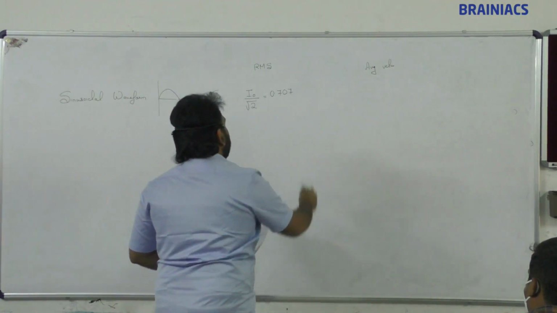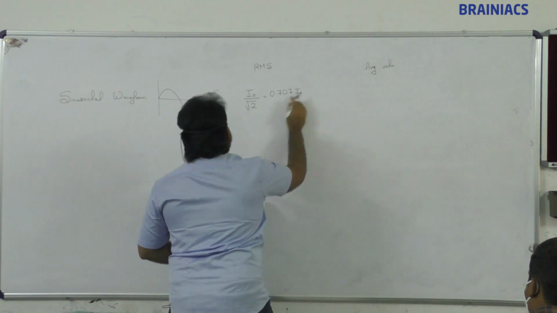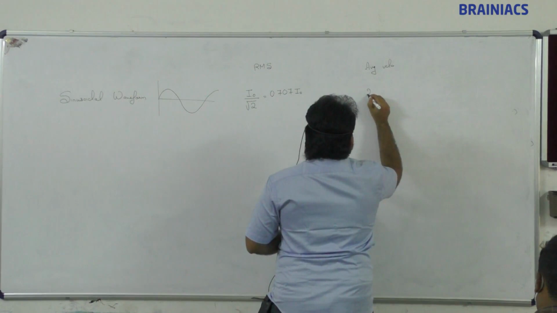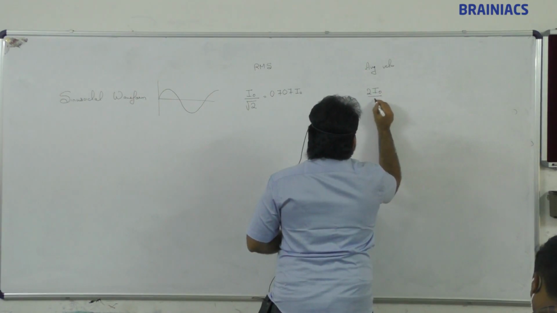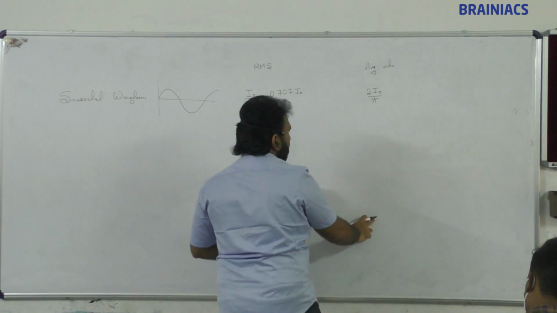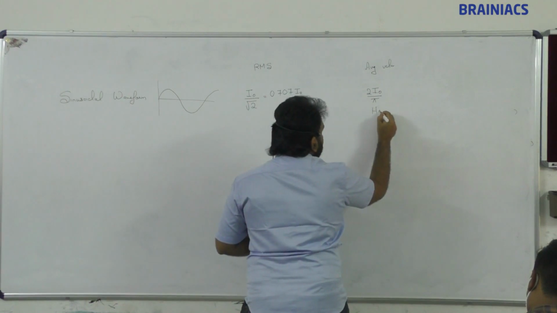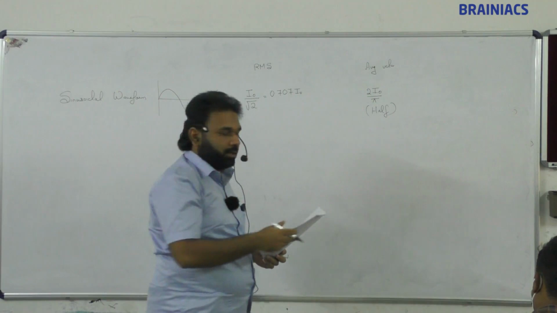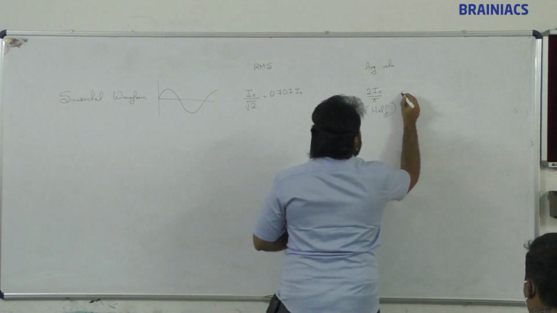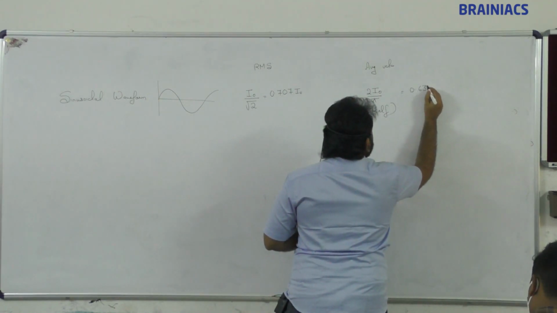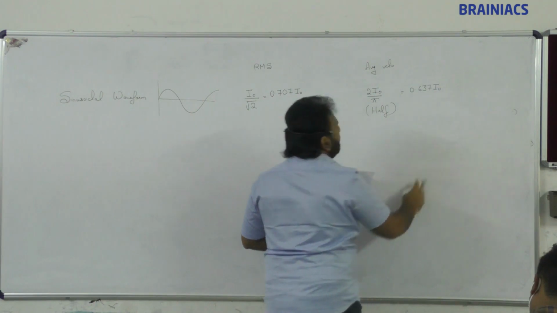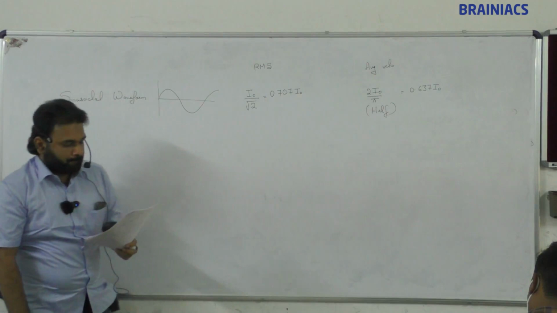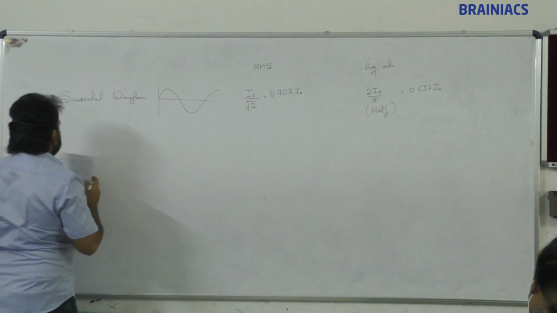Okay, this is the RMS value of a sinusoidal waveform. So what about the average? 2 I naught by pi, correct? Bracket you can write half. For full cycle it is 0, we know that already. So this is nothing but 0.637 I naught. Remember this if possible.